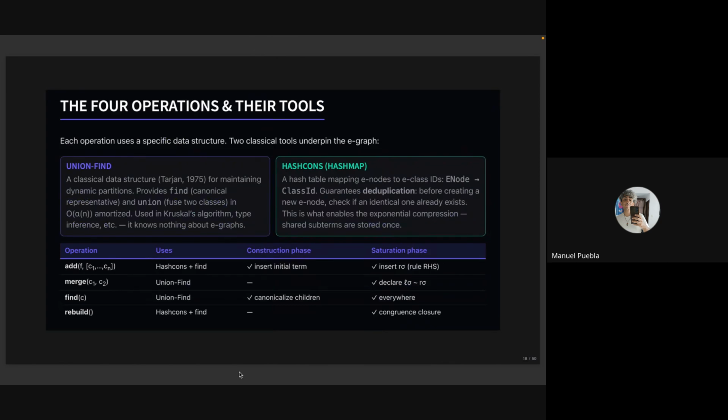These operations, add, merge, find, and rebuild, use typical structures in computer science: a union-find and hash cons. Union-find is a classical data structure that helps to maintain clean disjoint sets, and hash cons, for us, helps to guarantee deduplication. What they do is keep track of where the classes are.